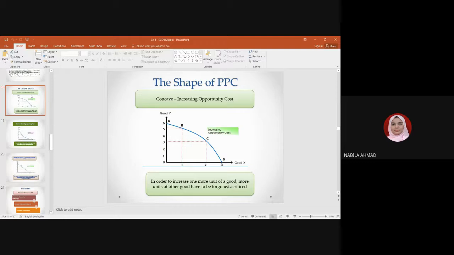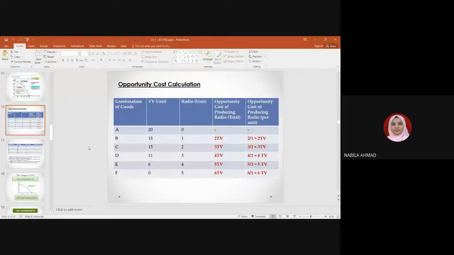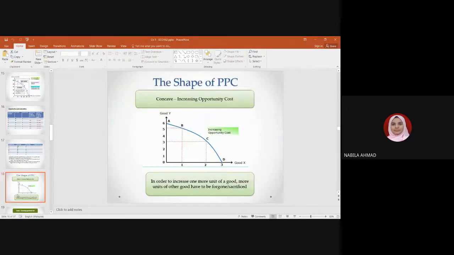Okay. So increasing opportunity cost tu yang contoh tadi yang TV dengan radio ni kan. Okay, so TV dengan radio ni 2, 3, 4, 5, 6 kan opportunity cost ni increasing lah ni. Right? So bila mana opportunity cost itu increasing, shape of PPC is concave. Right?